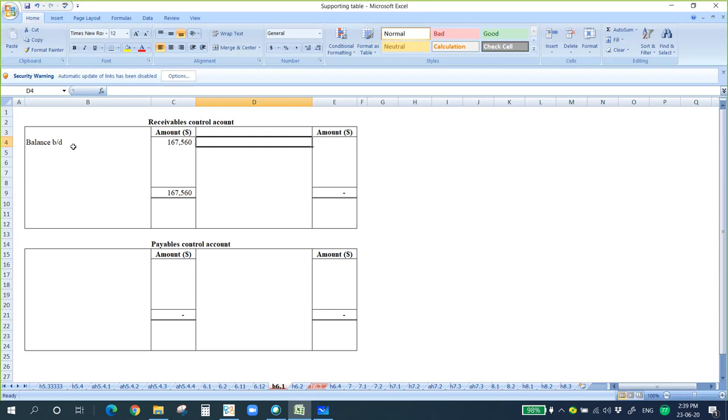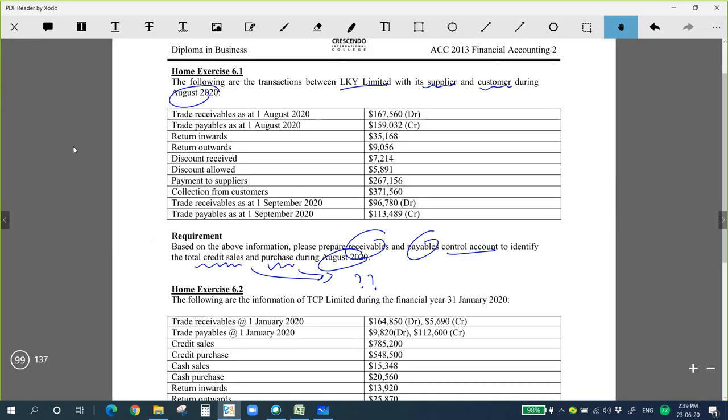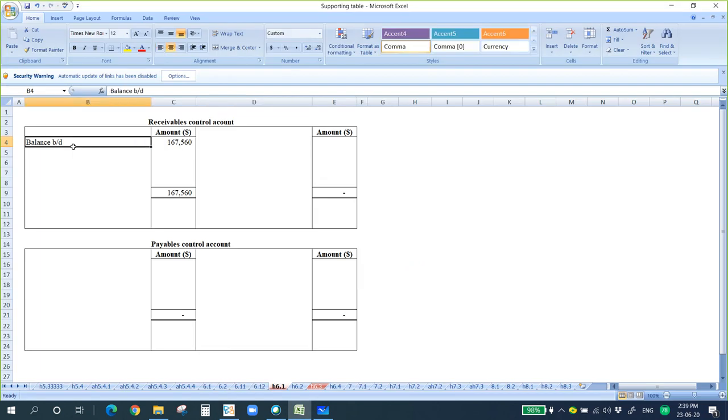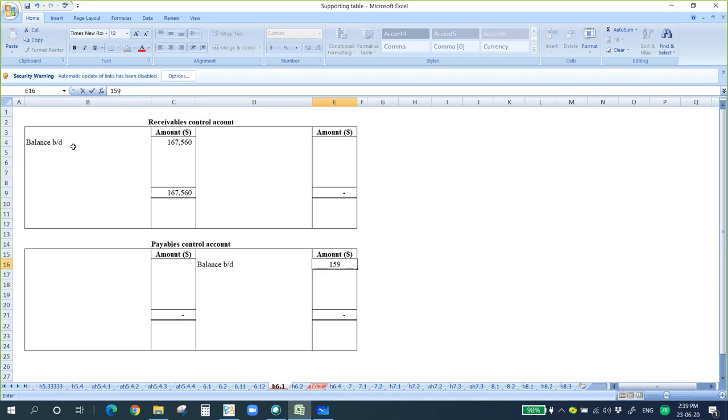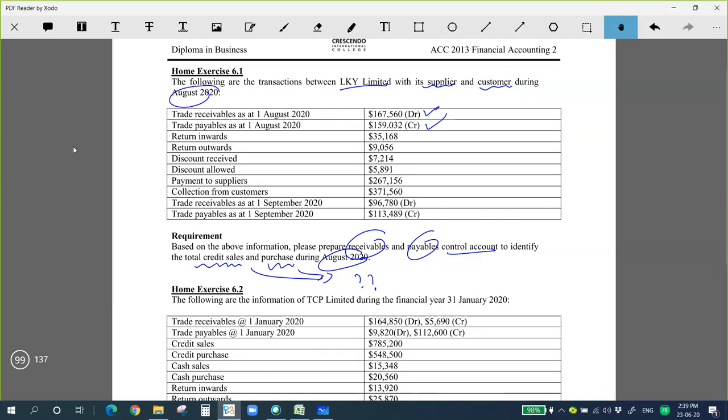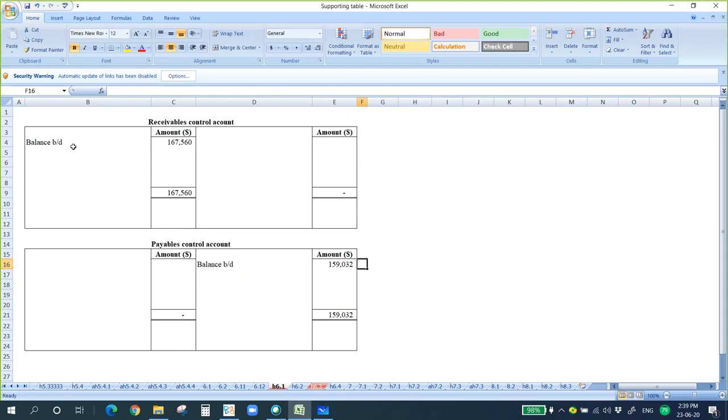So we have record the first entry. Second entry, trade payables as at 1st August 2020, 159302 at credit. So here 159032. Yes, 032 on the credit side.